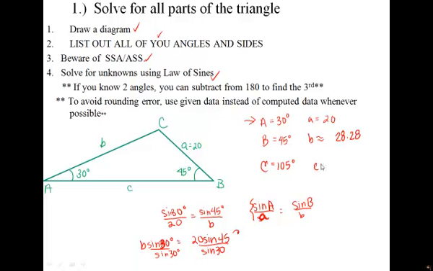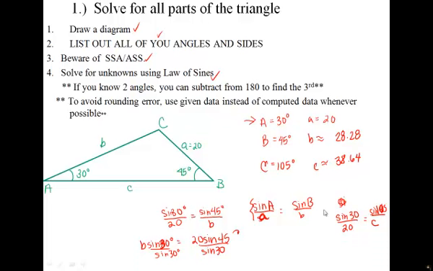Again, I'm going to say don't use this. We're going to want to use sine of A again. So we're just going to use sine of 30 degrees over that 20 is equal to sine of 105 over C.